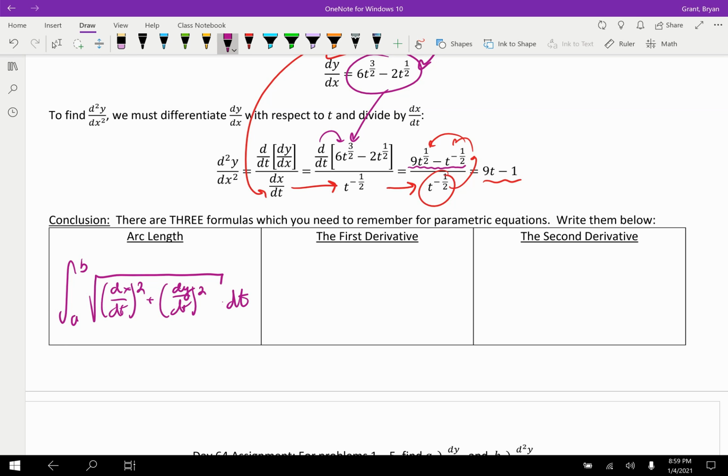The first derivative is always defined as dy dx, and it's found by doing d dt of the y component divided by d dt of the x component. And then the second derivative, a little bit trickier. The second derivative, we need to find d dt of the first derivative, and we need to see how that changes when we divide it by dx dt.